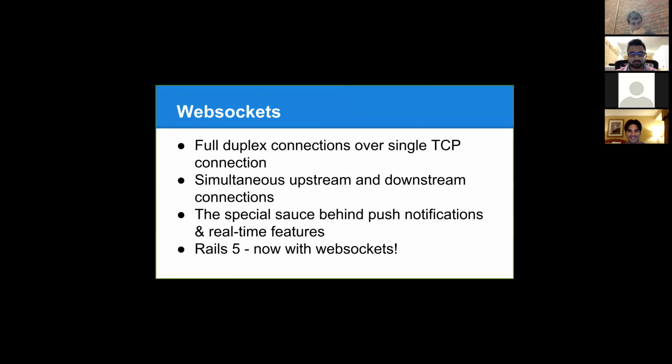Basically, all that means is that you have an upstream and a downstream running at the exact same time. You don't have to wait for one coming to you, do a lot of stuff, respond, and then come back. You have full duplex, not single duplex. And really, WebSockets are the special sauce behind all push notifications and real-time features. So anytime that you use a chat application, most likely it's being leveraged by WebSockets.